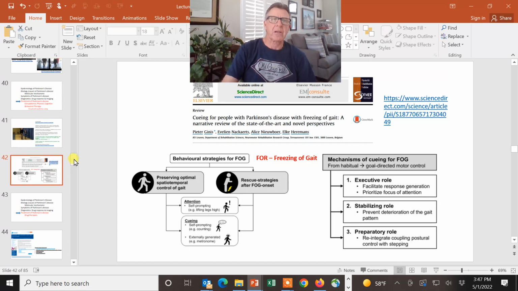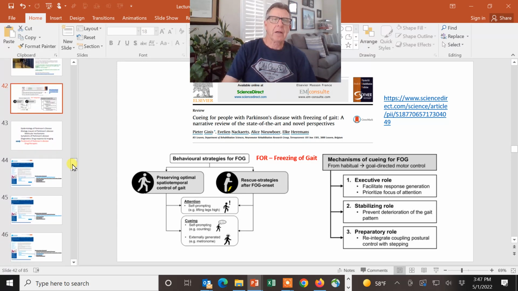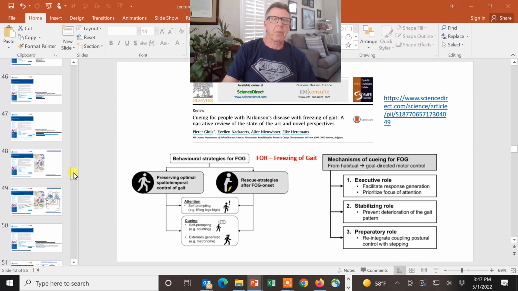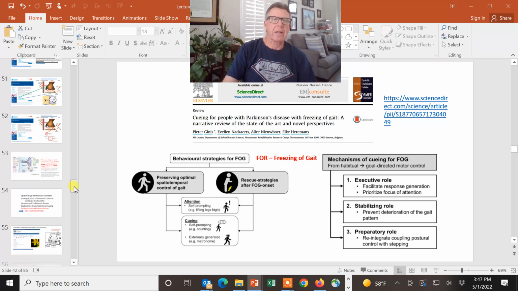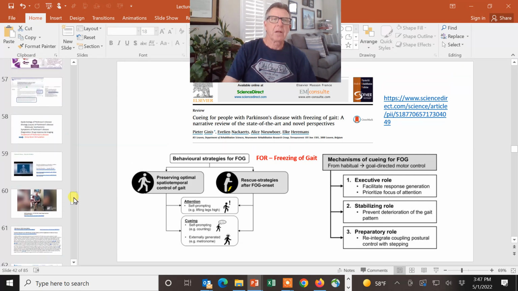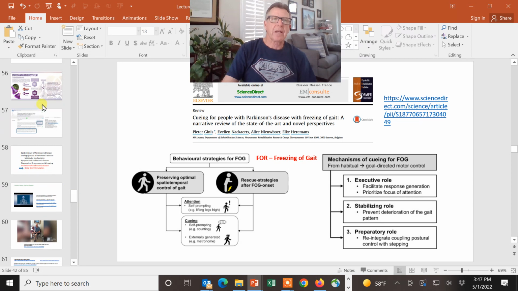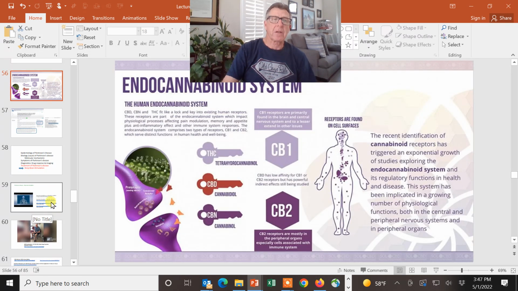We talked about cueing, etc. Then we came all the way down here, and I talked about the need for more CBD research, because there are more CB1 and CB2 receptors in the striatum than anywhere else. So there's a lot of hope there.